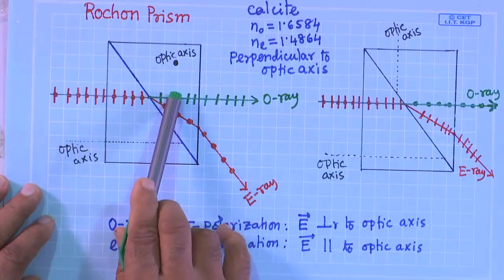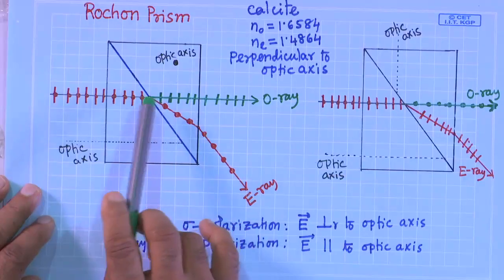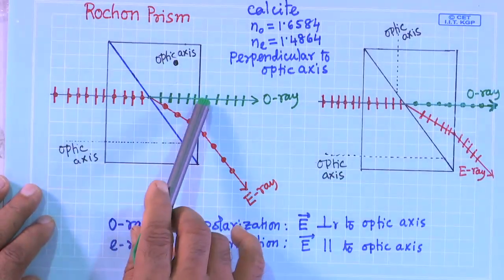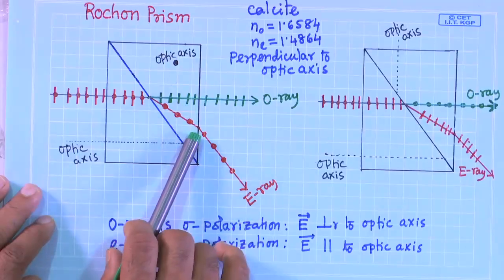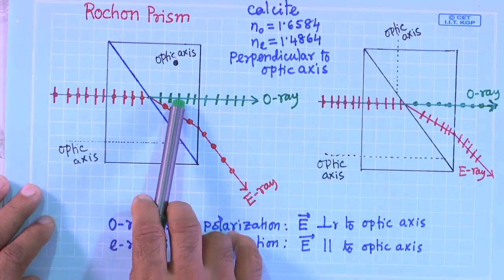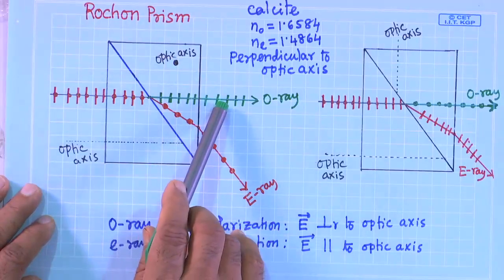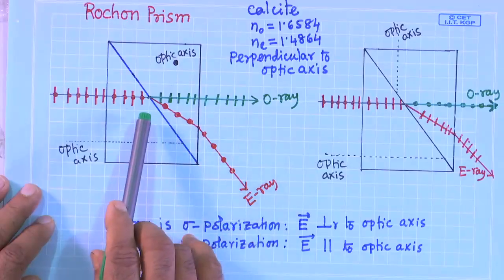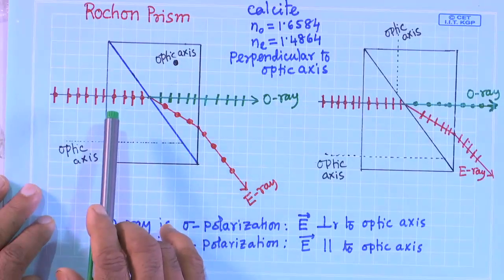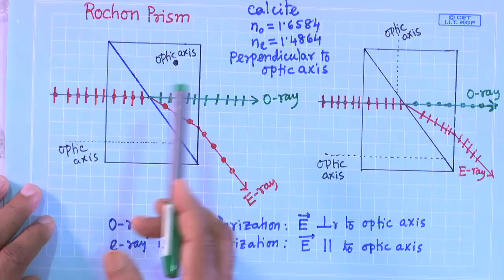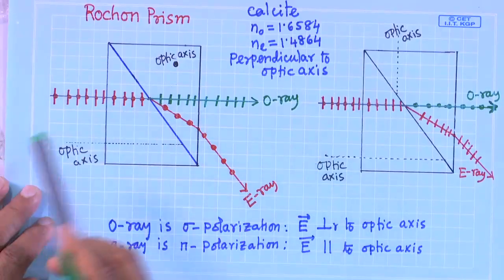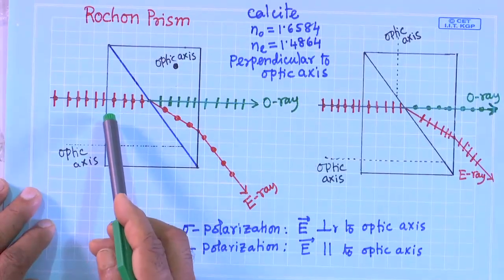So, here we will get the E ray and the O ray. For the O ray, its property is that the refractive index is the same in all directions, and the velocity is the same in all directions, right.